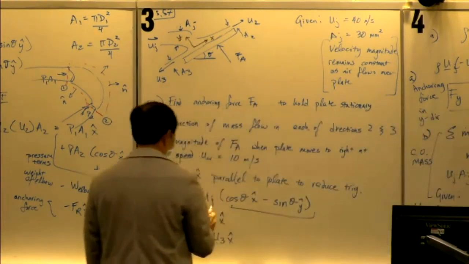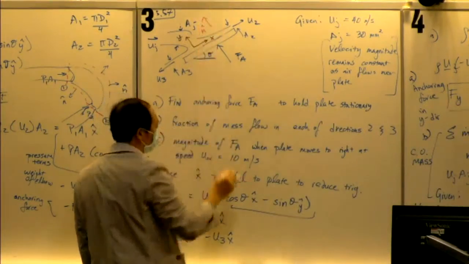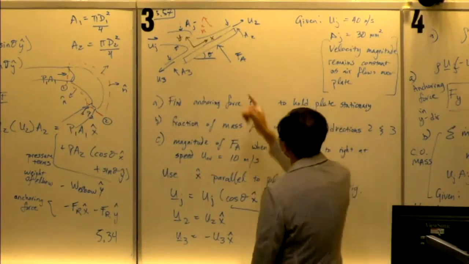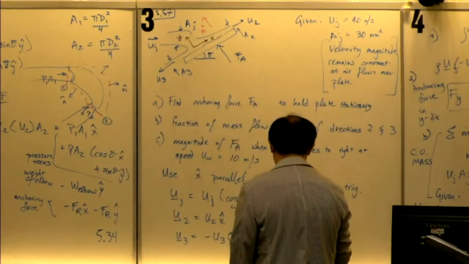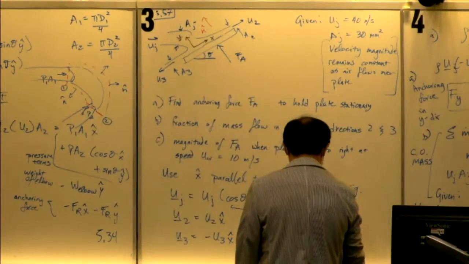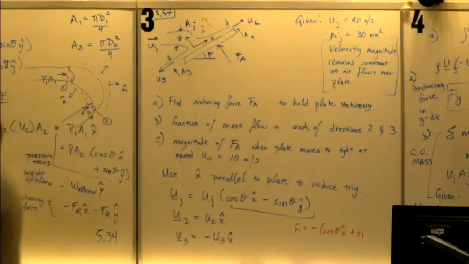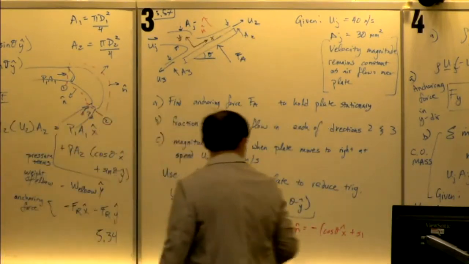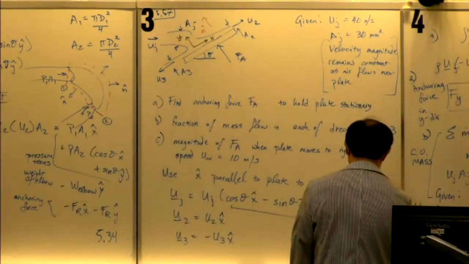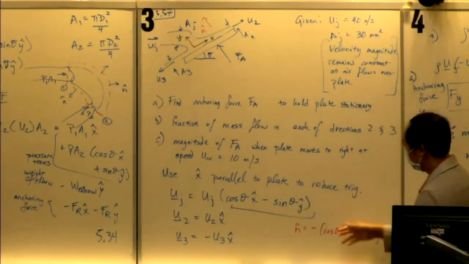So the idea is you just dot it together. N hat is basically always going to be in the same direction or opposite this direction. So in that case, n hat is going to be negative cosine theta plus sine theta. Oh, no, I got it messed up. Minus sine. So it should basically be the opposite direction of that.